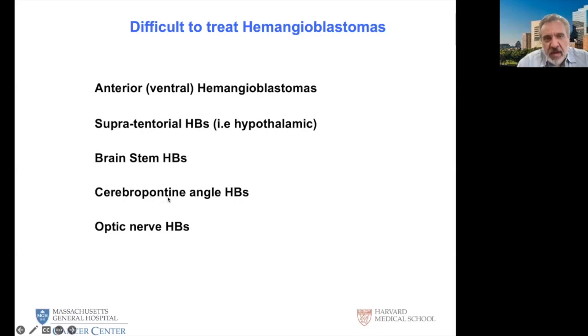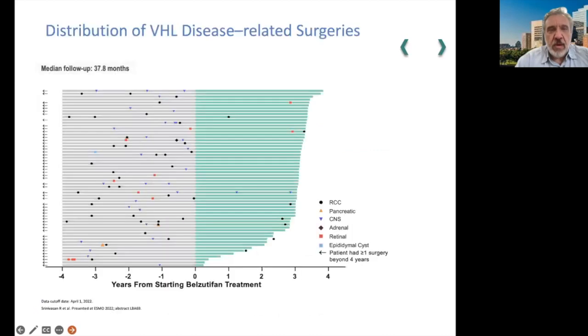Particularly those in the cerebellopontine angle, which start from the spine and not from the cerebellum, and the optic nerve hemangioblastomas. In my opinion, this constitutes the standard of treatment right now. I would try belzutifan first before trying any other type of medication.